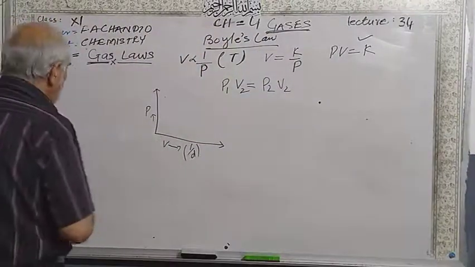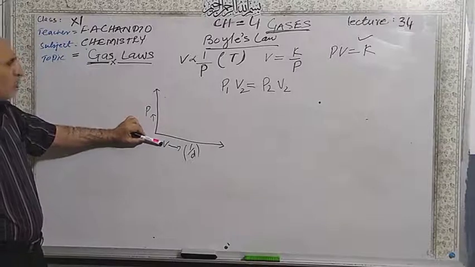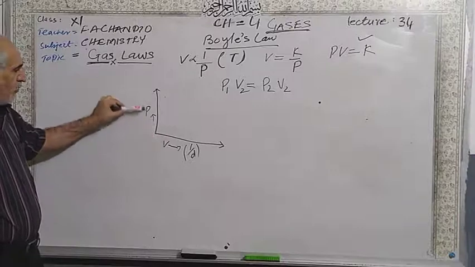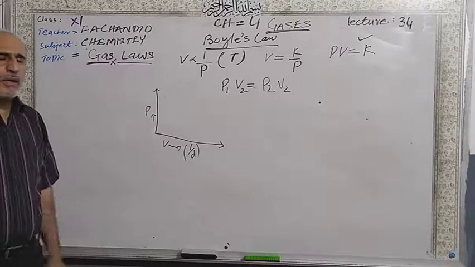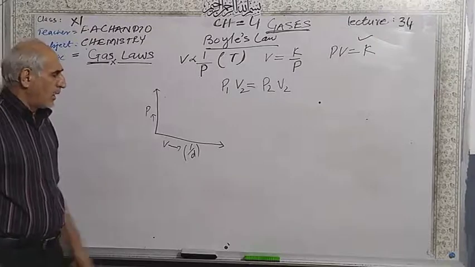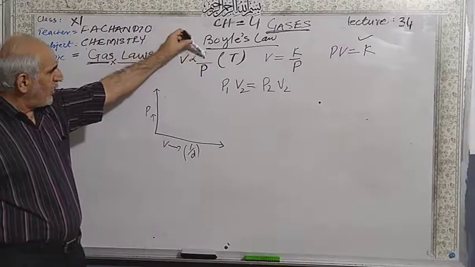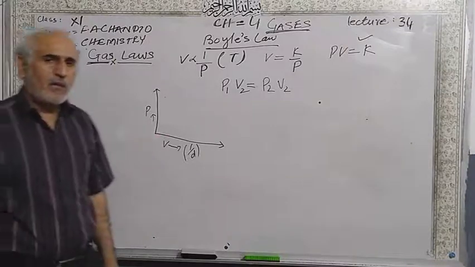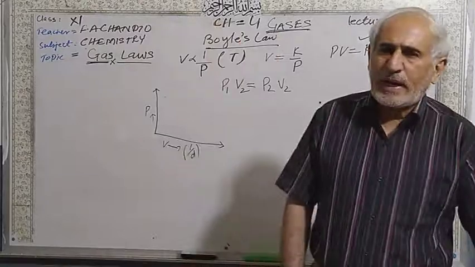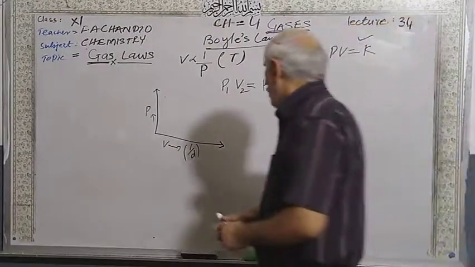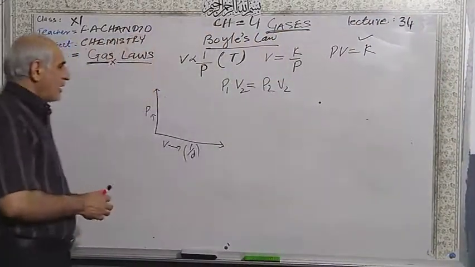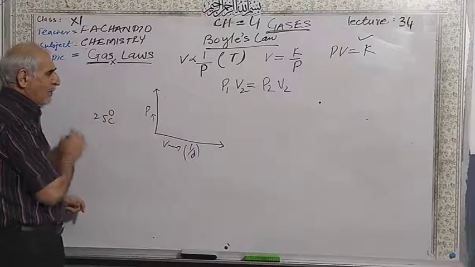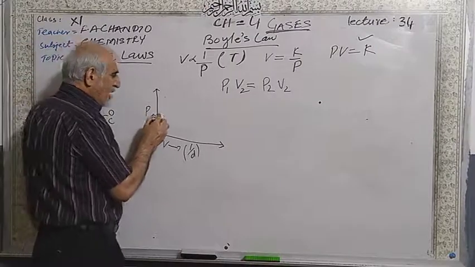If you plot pressure versus volume directly, this is against the law of V is 1 over P, but here you are plotting the graph of pressure against volume. So at a constant temperature, suppose you maintain 25 degrees Celsius, you will get an isotherm.